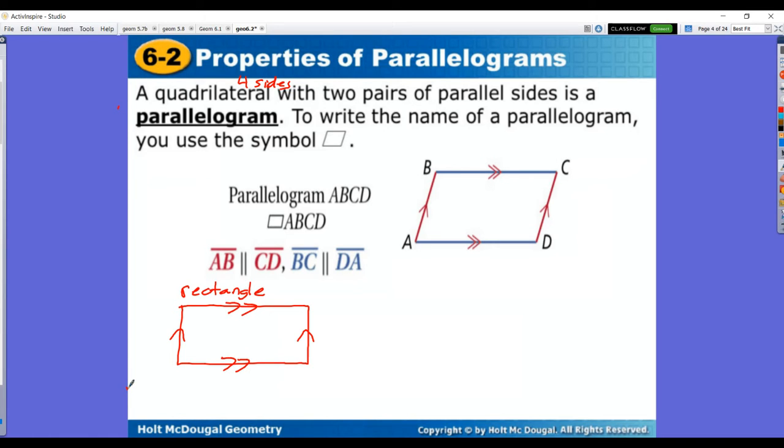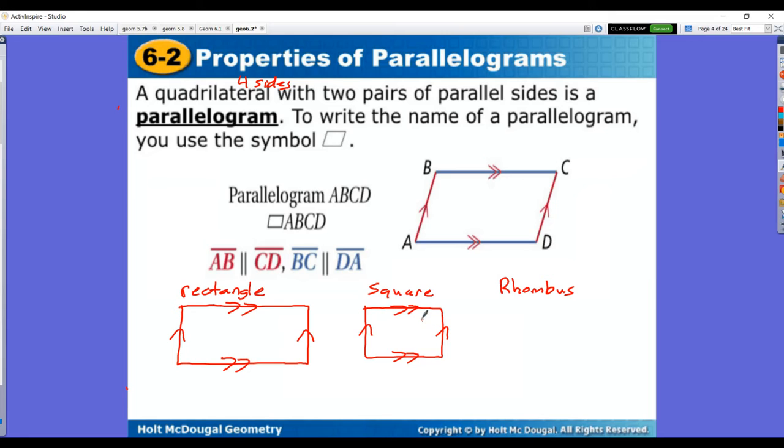Another figure that would also qualify to be a parallelogram would be a square. If we take a look at a square here, it has the same thing. Opposite sides are parallel. And another one that fits under that category of a parallelogram would be a rhombus.